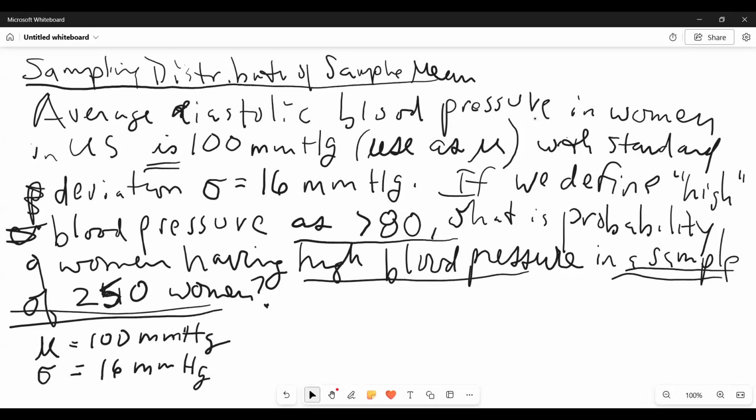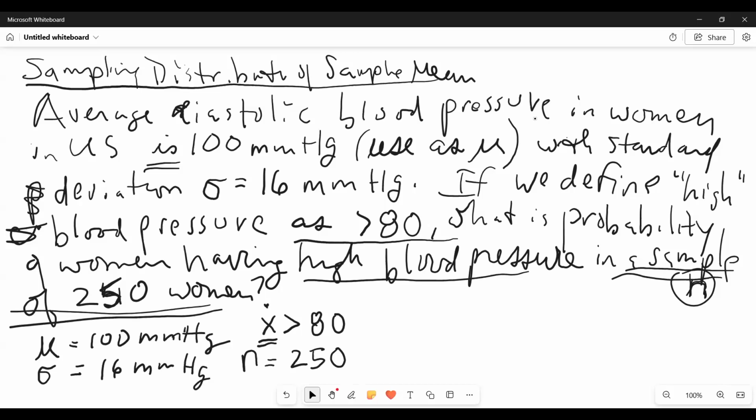I've given you how it's defined. So the probability we're interested in is x is greater than 80. Right, so we have to figure out what that x is going to be, a specific value we're looking for an area to the left or the right of. And then we have a sample of 250 women. So every time you see the sample, you're going to want to think little n. So little n is your sample size.